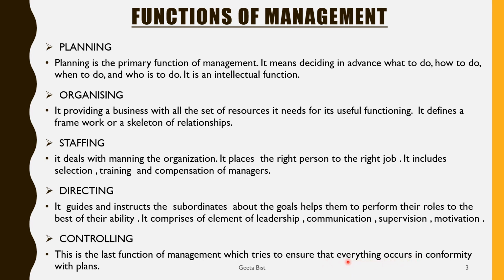And through that corrective action, you ensure that you are able to achieve your goal as per planning, and you try to make your performance completely in conformation with the plans that you have made. This is why these functions of management play a crucial role and give a meaning to the definition of management when it is called a process.